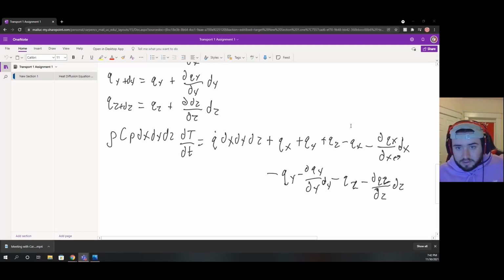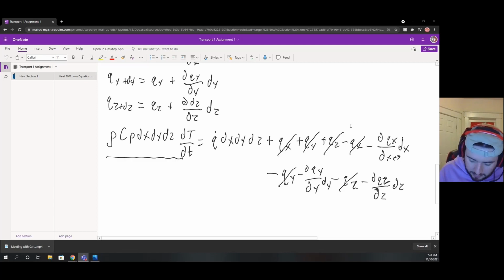So when looking at this equation, we can cancel a few things. You'll notice that Qx and Qx cancel, Qy and Qy cancel, Qz and Qz cancel. And now we can plug in our values. We're going to divide everything on each side by dx, dy, dz.